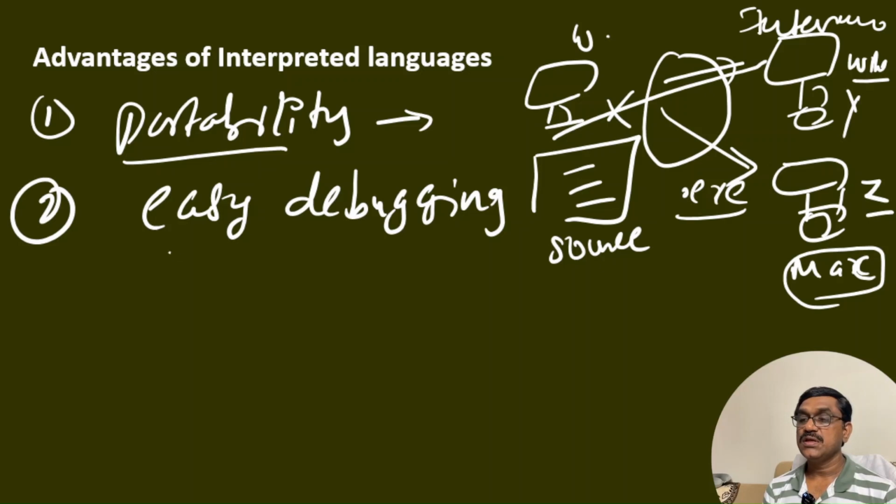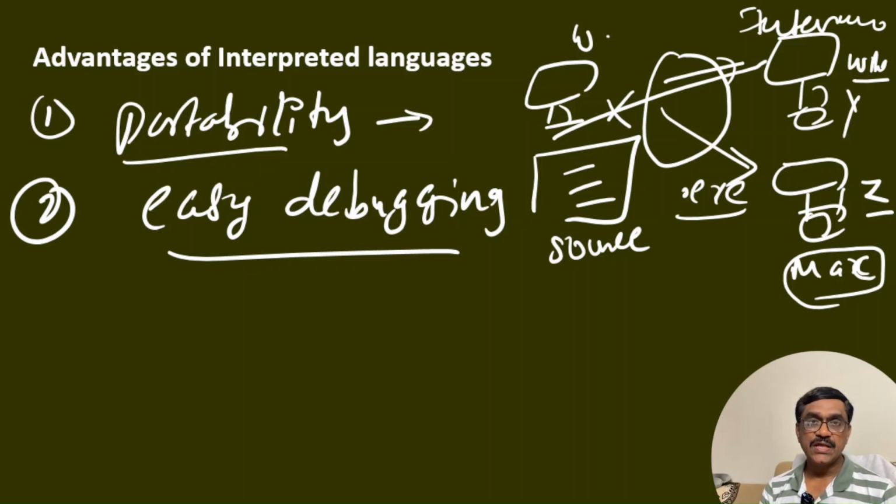Another important thing is easy debugging. When you use compilers, the source code is converted into executable code in one go, and after conversion all the errors are displayed at the bottom. It is very difficult to understand in which line the error has occurred. But when you use an interpreter, at runtime it converts the first line into machine code.